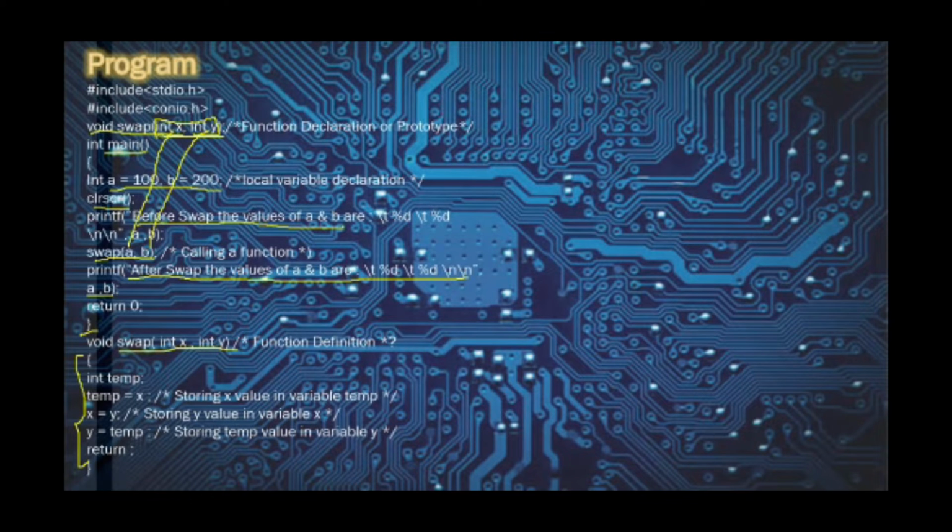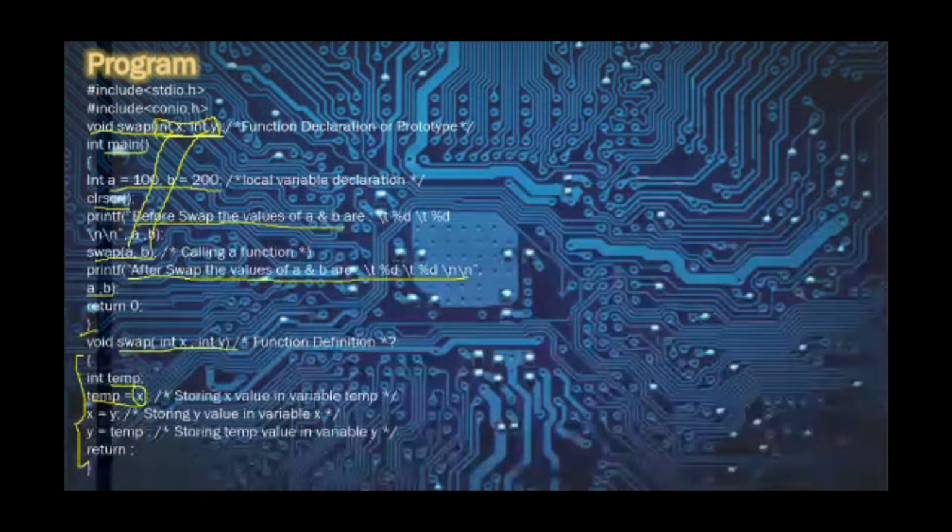In this swap function, a temporary variable temp is declared, and then it is initialized to the variable x. So what is this x? We have already seen that x and y are the formal parameters when the function swap was declared before the main function.